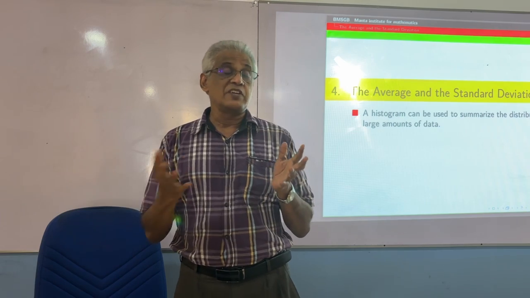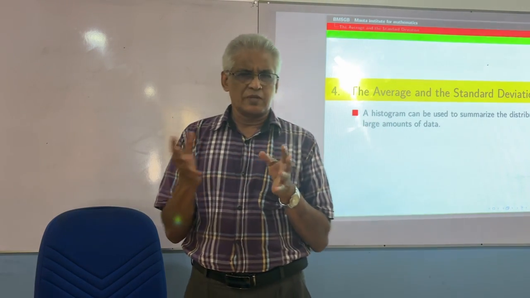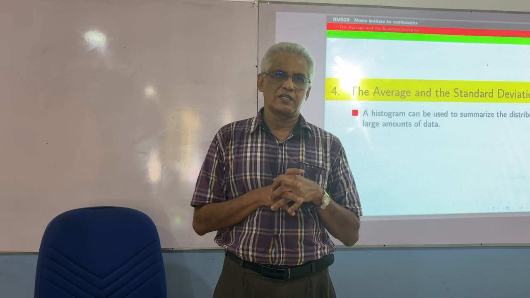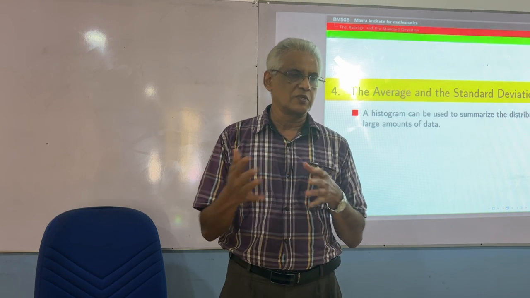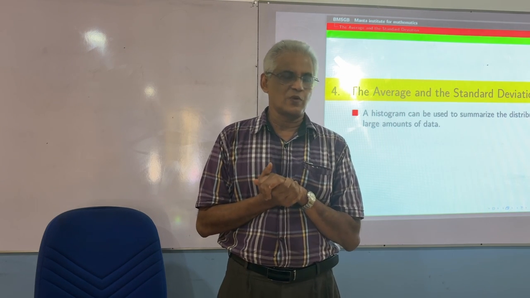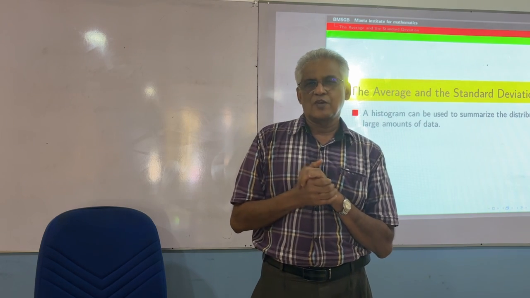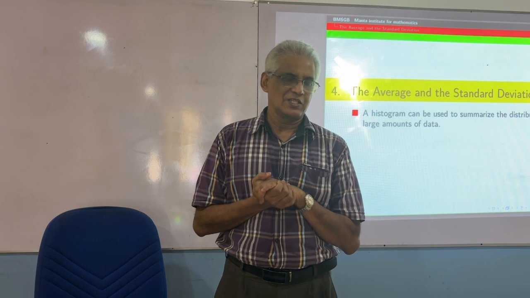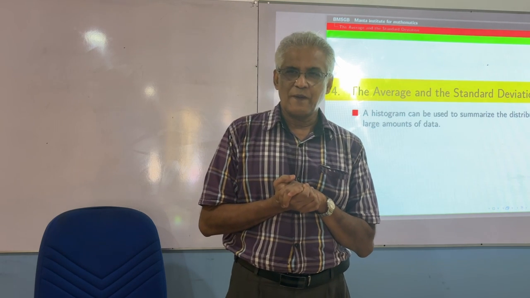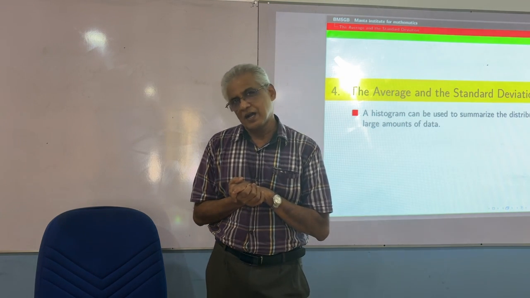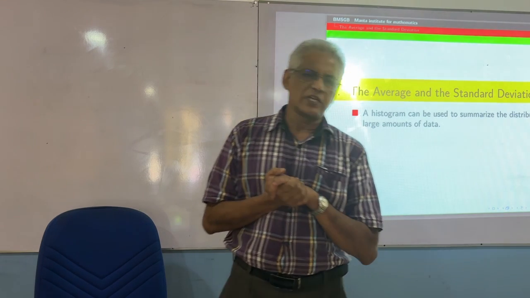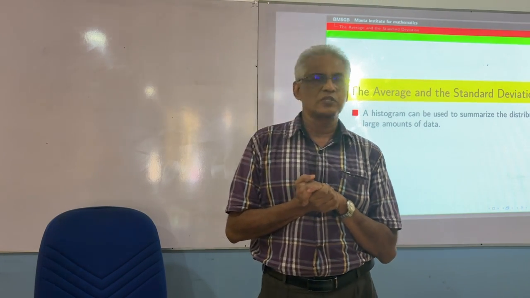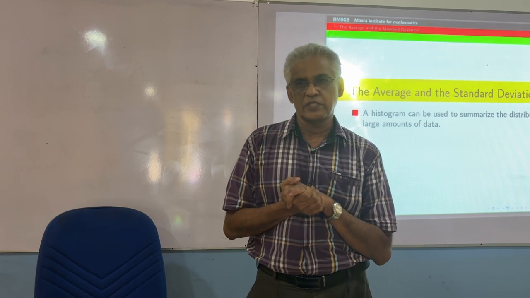What are the main features of a histogram? For many people, a histogram looks like a bar chart, right? But there is a big difference between a bar chart and a histogram. What are the main differences? When do you use a bar chart? To present discrete data. Yeah, you can use a bar chart for discrete data also, but mainly we use this bar chart for qualitative data.